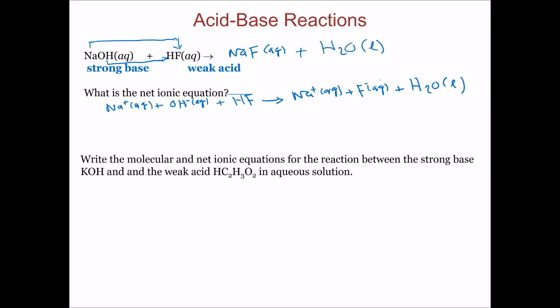Again, we cancel out any spectator ion that does not undergo a change. Sodium remains the same before and after the reaction, so that's the only spectator ion in this case. That makes the net ionic equation the combination of OH minus ions with HF to make F minus ions plus water.